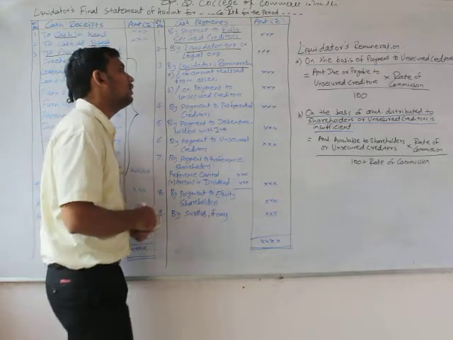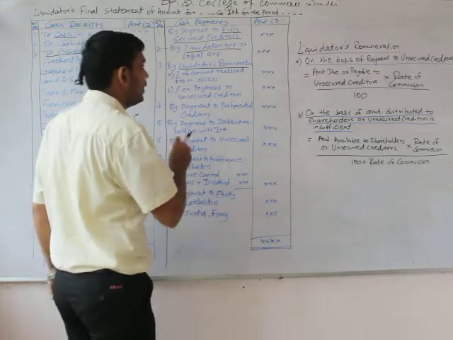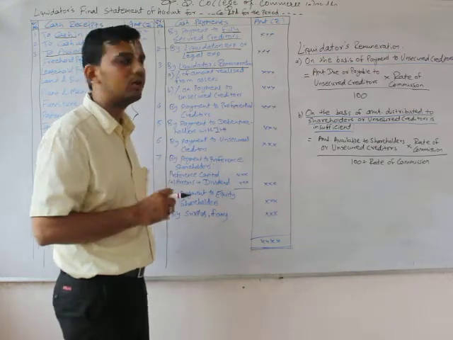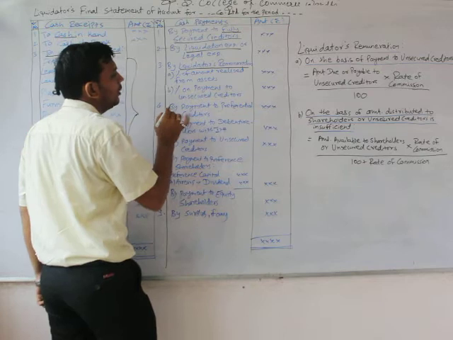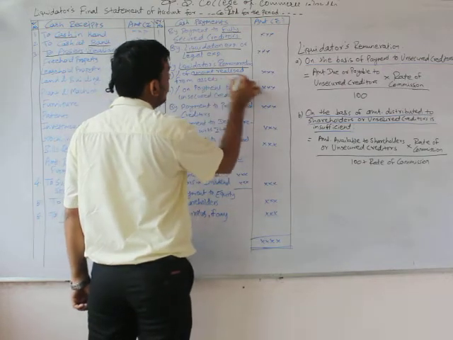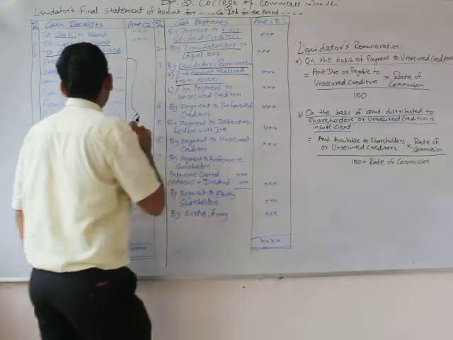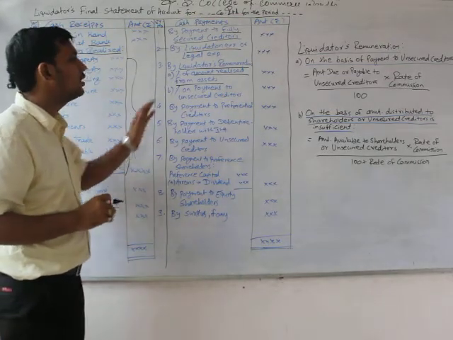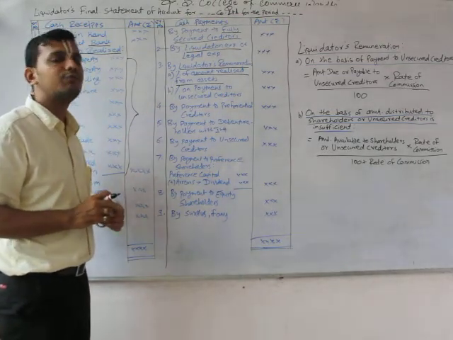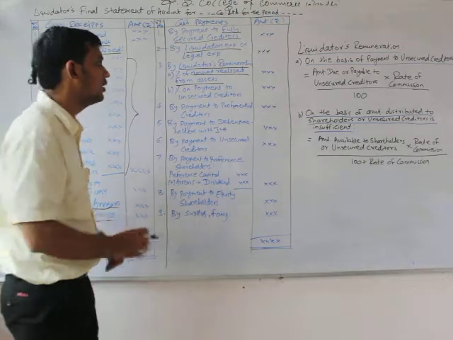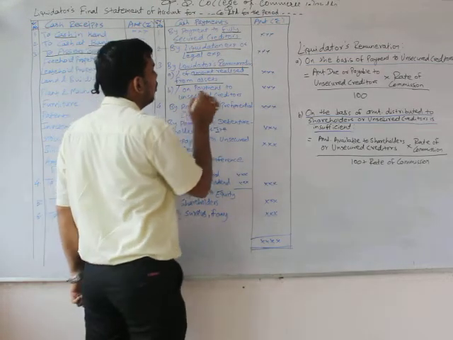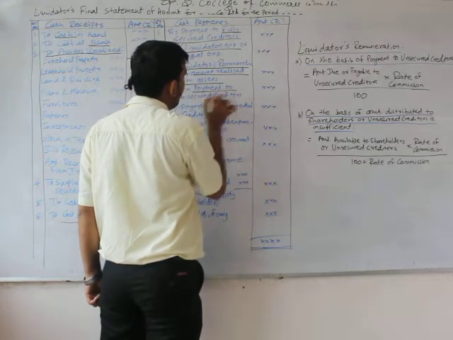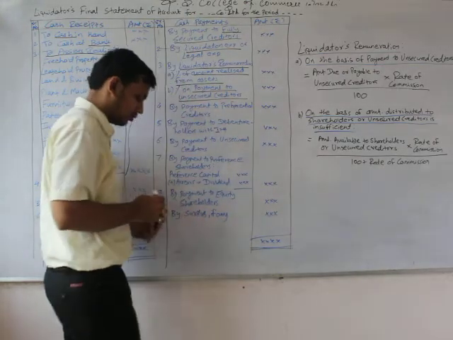There can be two ways by which we can calculate the remuneration of the liquidator if it is not directly given in the question. First can be a percentage of the amount realized from assets. Whatever assets we have realized here, if the problem says so, we have to pay a fixed percentage of the assets realized, then that amount is to be taken, or else the payment can be made as a percentage on payment to unsecured creditors.